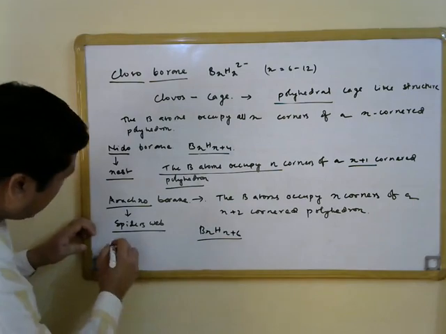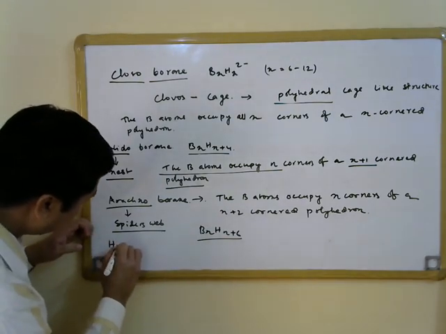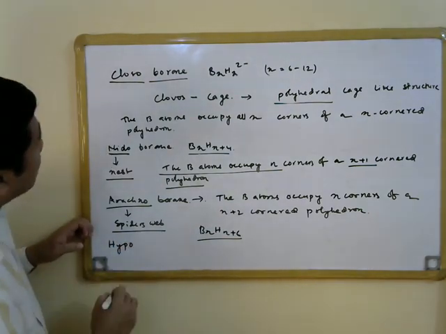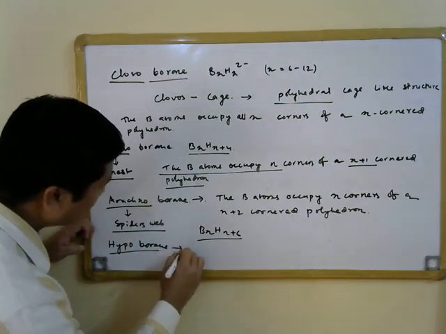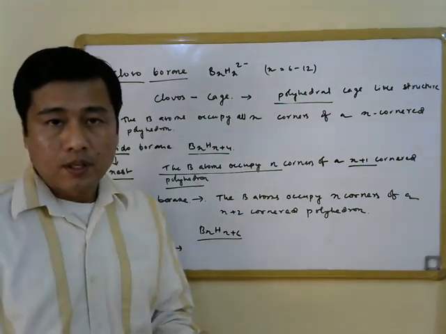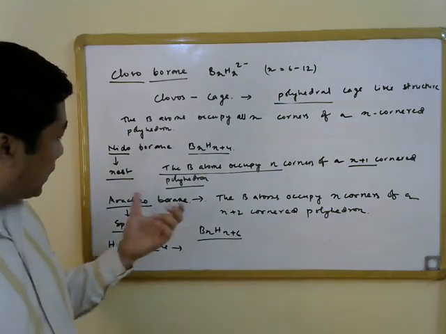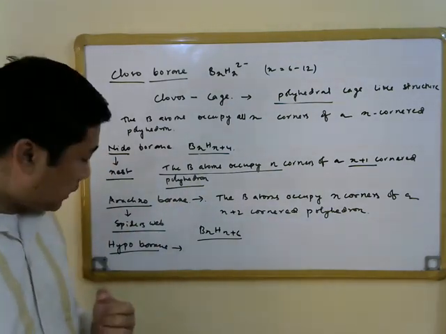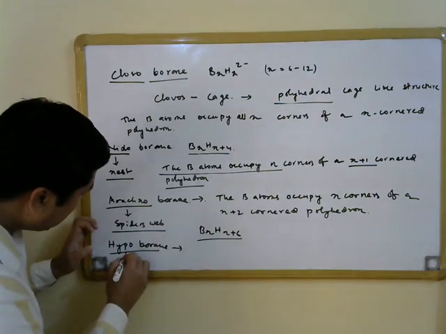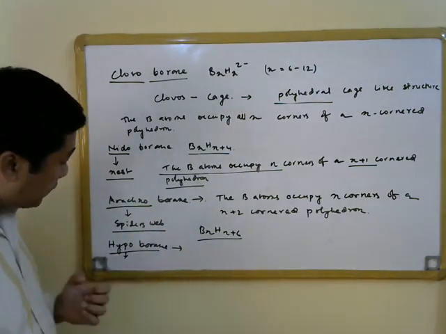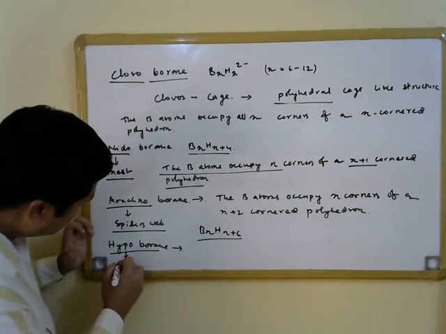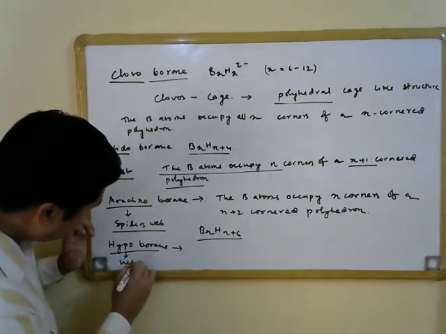And there is another class of borane, which is known as hypoborane, which is an even more open structure than nido or arachnoboranes. And for hypoboranes, the word hypo comes from the Greek word hyphae, which means net.